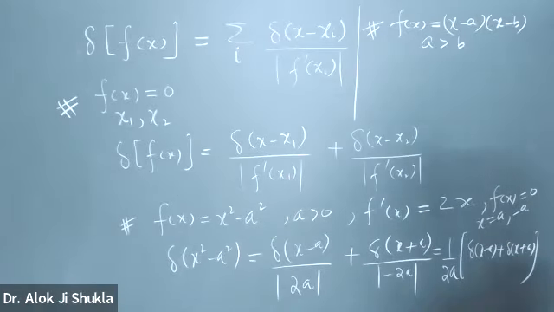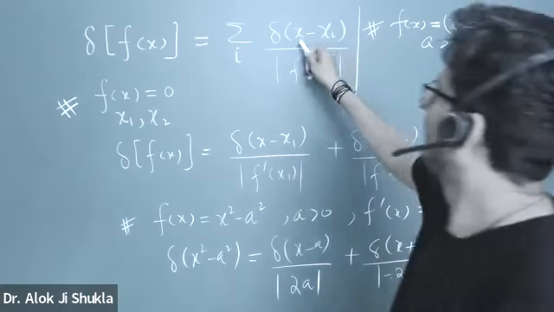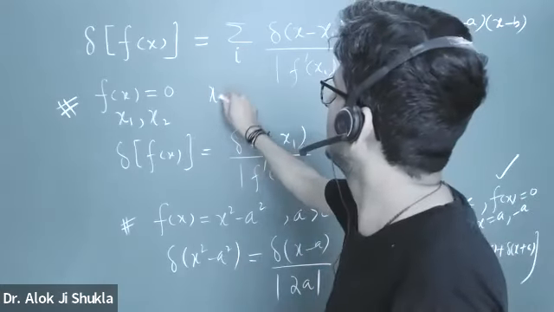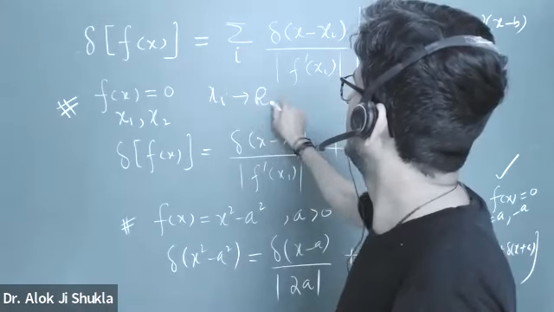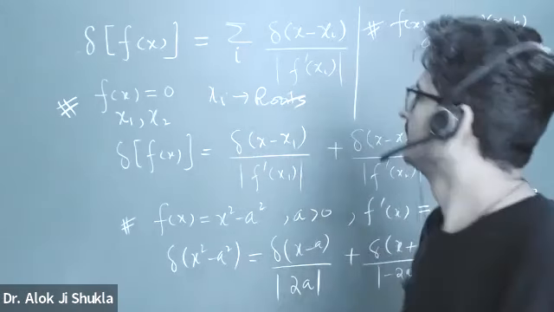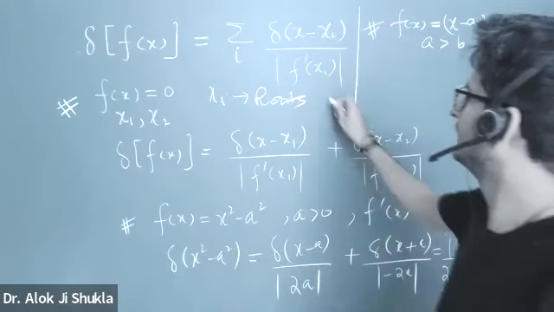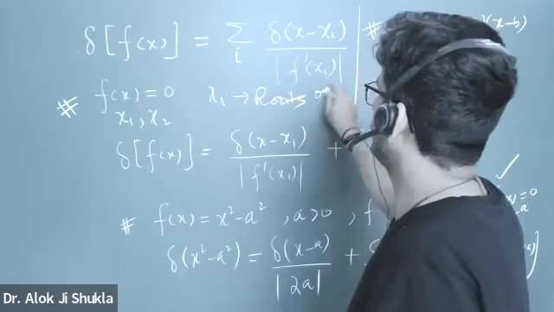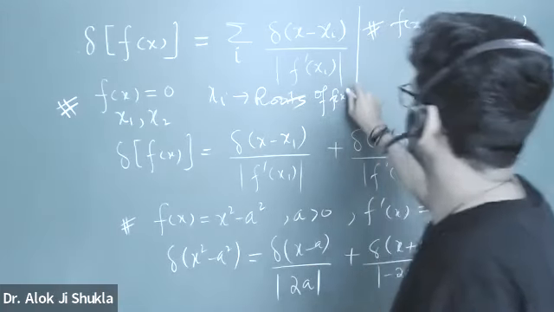So what is the first step? Put this f(x) equal to 0, because the derivative will be used, so take the derivative also. Then this means delta x minus xi, where xi are the roots of f(x).